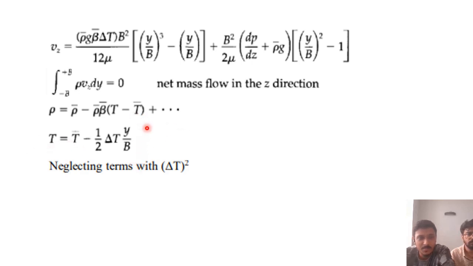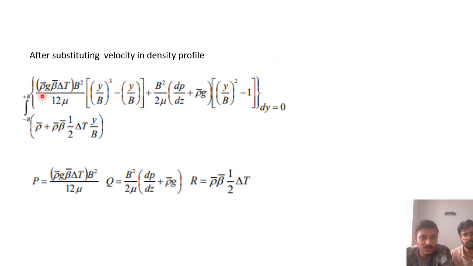And this temperature profile delta T is T2 minus T1. So we will be neglecting the delta T square terms, and after substituting these density and temperature profile equations back in this equation, we will get this equation.